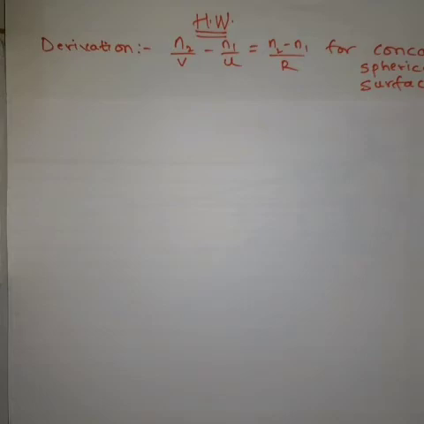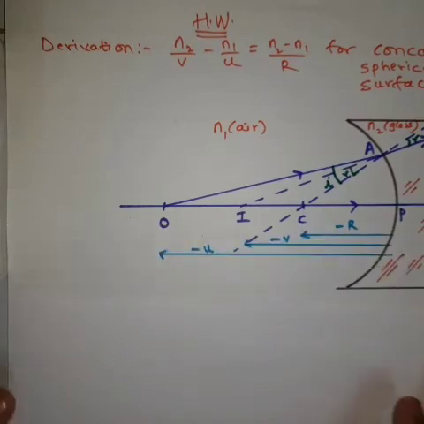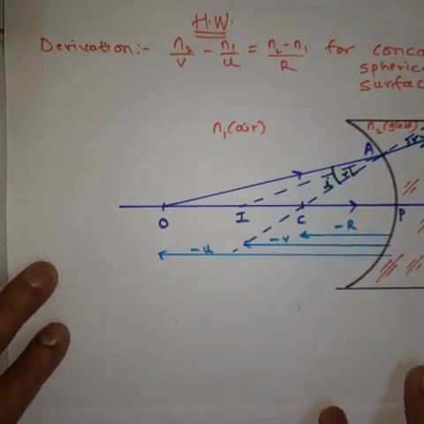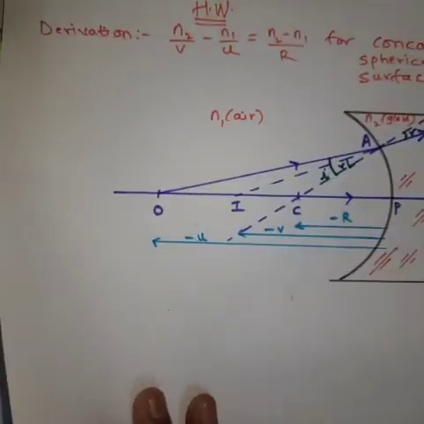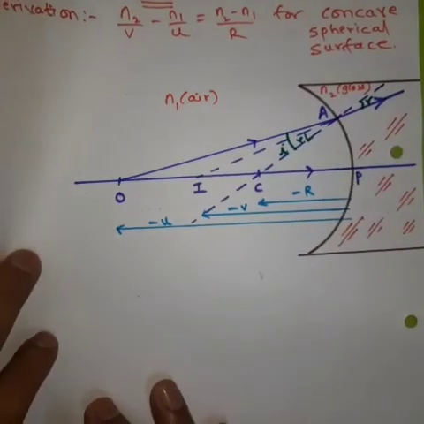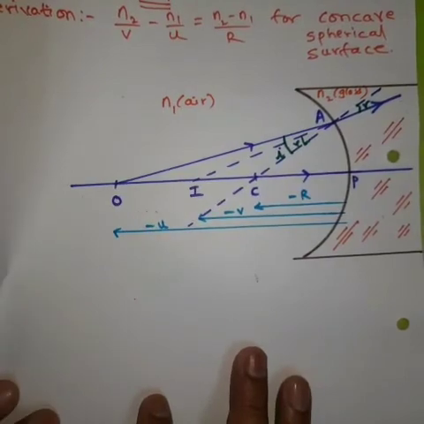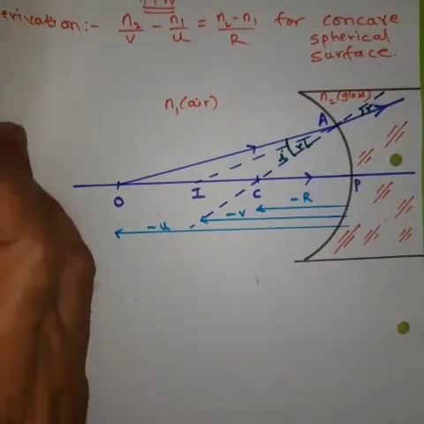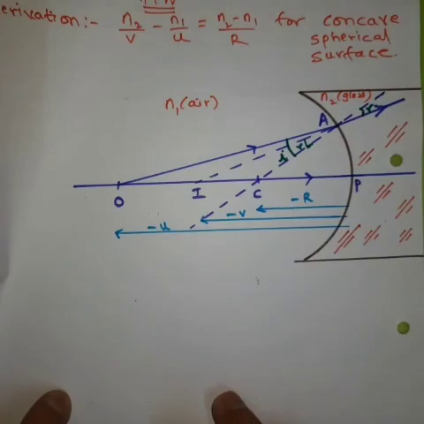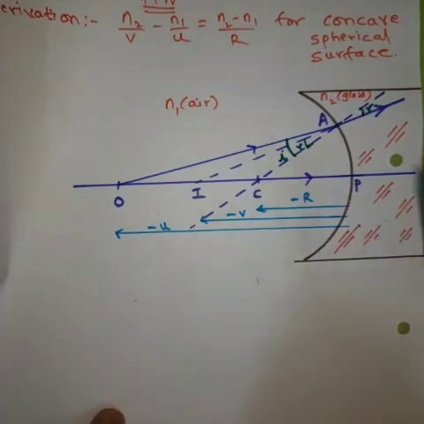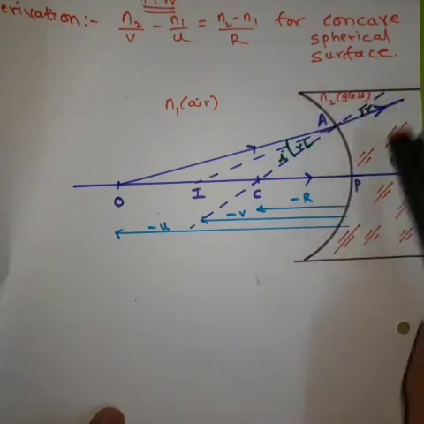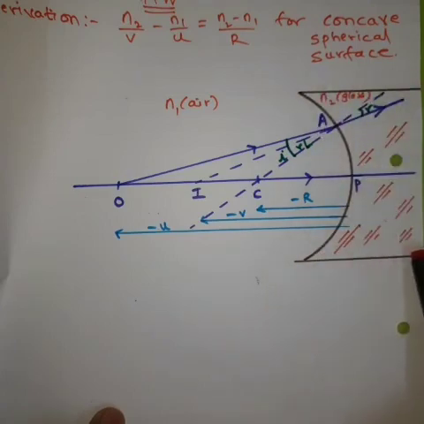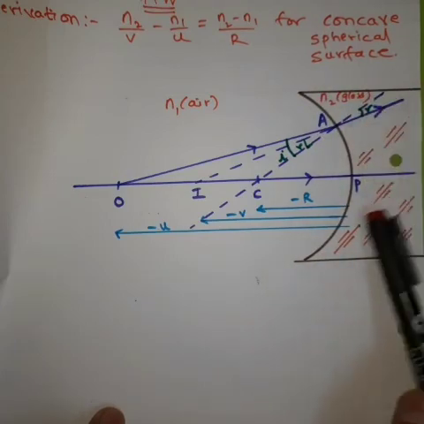I'm just helping you by explaining the diagram of the concave surface and how this diagram looks. If you look at the diagram over here, we have a curved surface, and this whole part will be called the concave spherical surface.